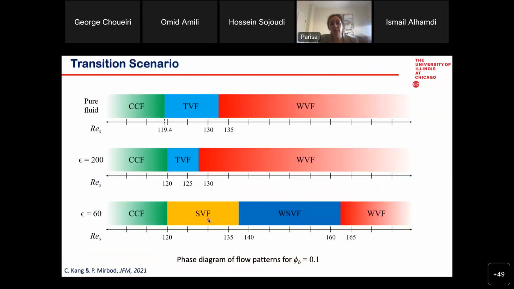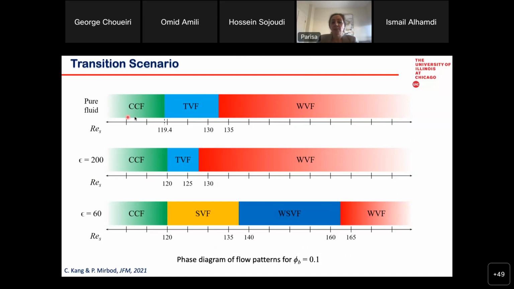So what was also interesting and important in all of those scenarios that we are dealing with in a Taylor-Couette system is the transition scenario. Here we also compared our results with the pure fluid flow, when we have a Taylor-Couette system with a Newtonian pure fluid.